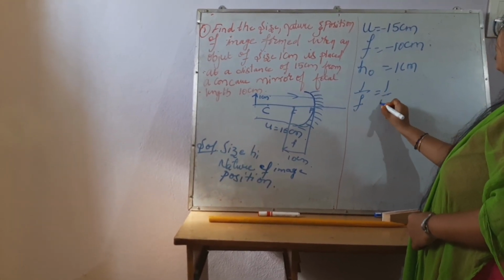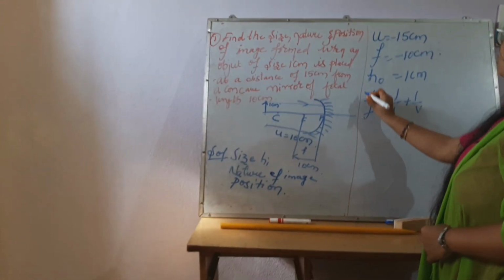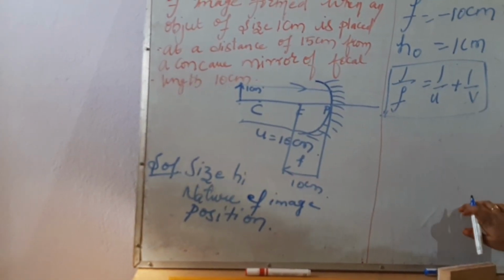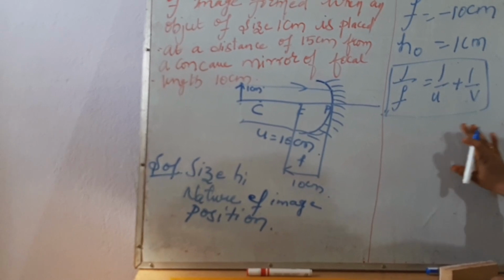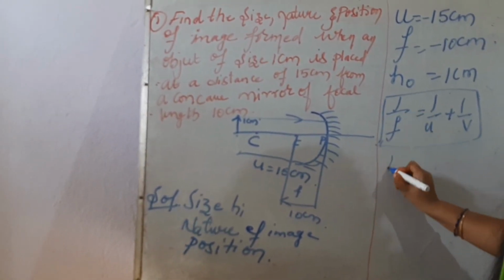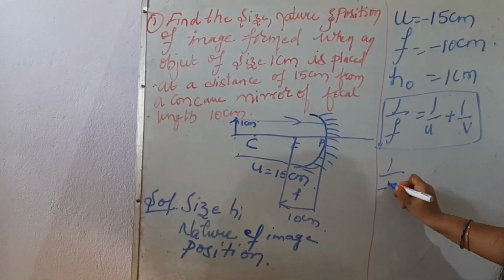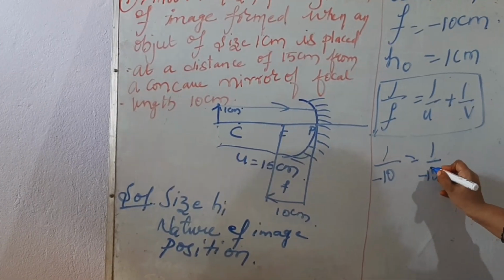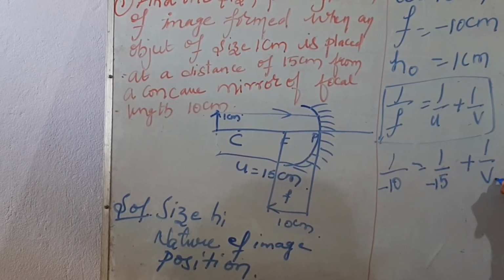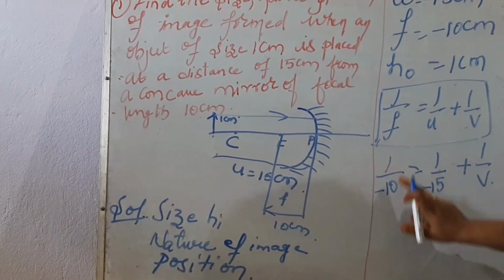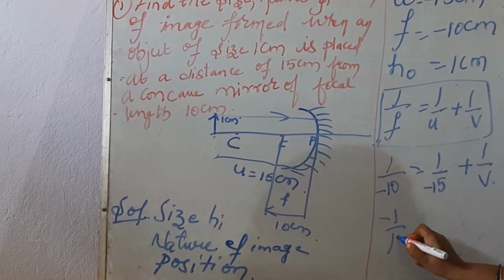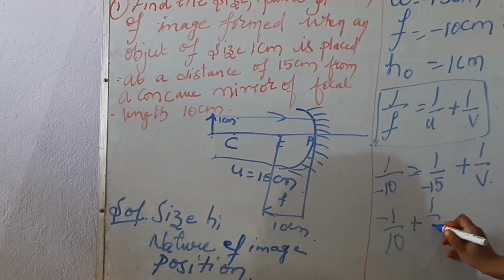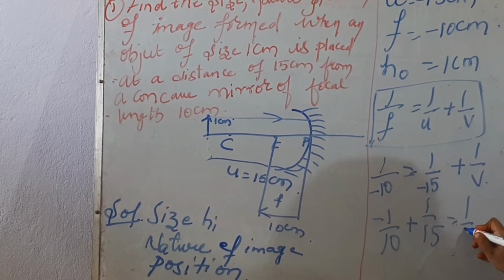When you write the formula, to get good marks you are supposed to put it in brackets, so that the invigilator will immediately check the answer and it will be very clear and neat. So 1 by f, what is the f value? Minus 10. 1 by f is equal to 1 by u, what is the u value? Minus 15, plus 1 by v. So minus 1 by 10, if this minus comes to this side, plus 1 by 15 is equal to 1 by v.